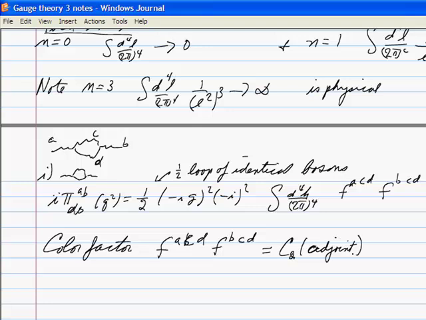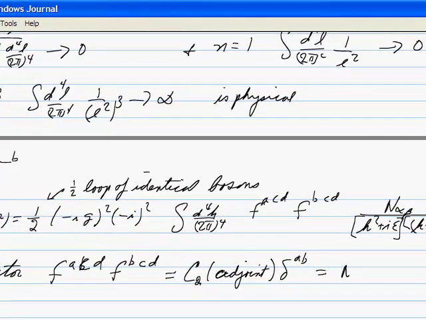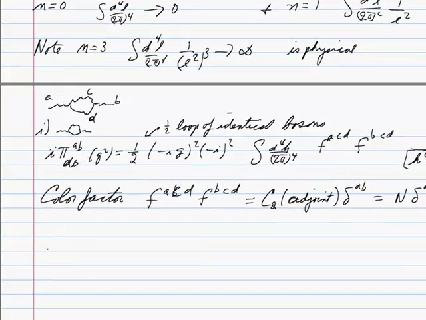It's one of the features that categorizes the adjoint representation, is that sum, and we will calculate, it will turn out to be the number of colors, and proportional to delta AB. Okay, let me do that in a second and just finish this thing.